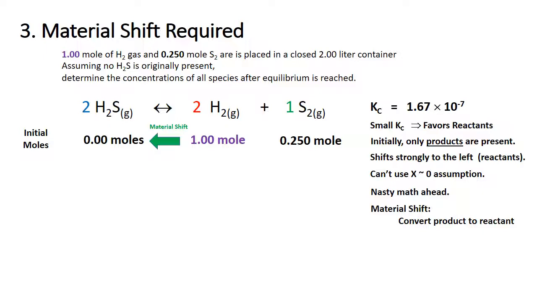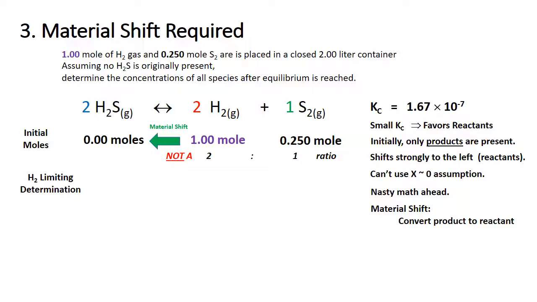Now, something to be aware of in this case is that the initial amounts of hydrogen and sulfur, the 1 mole and 0.250 mole, are not in a 2-to-1 ratio as they were for problem number 2. And since they're not in a 2-to-1 ratio, one of them is going to be left over and the other one is going to be completely consumed. And so what we need to do next is an H2 limiting determination.